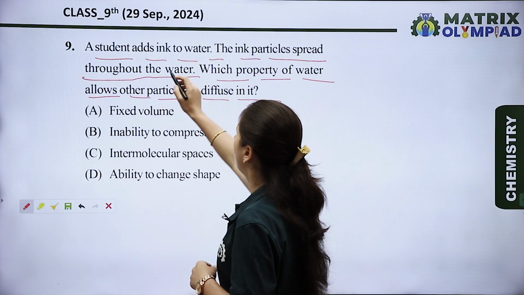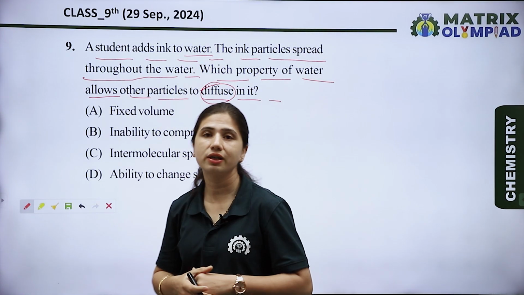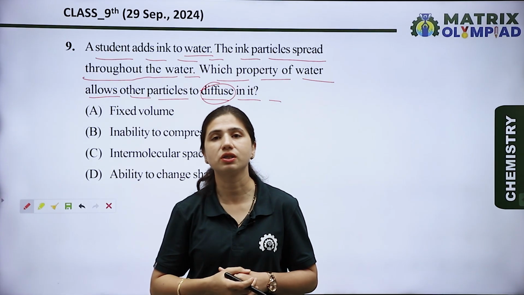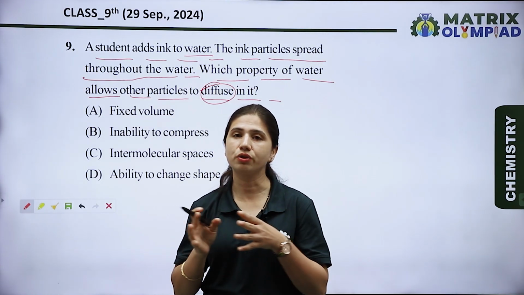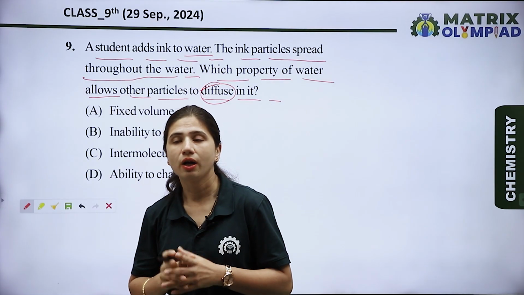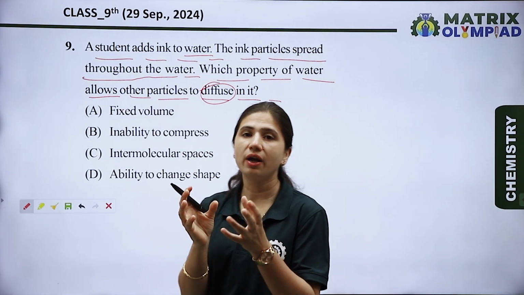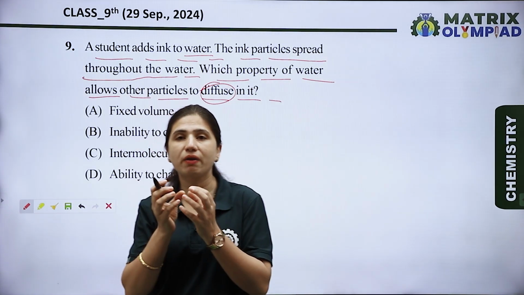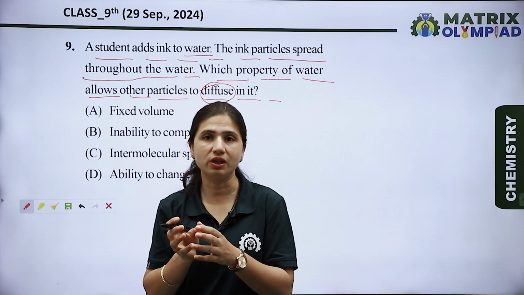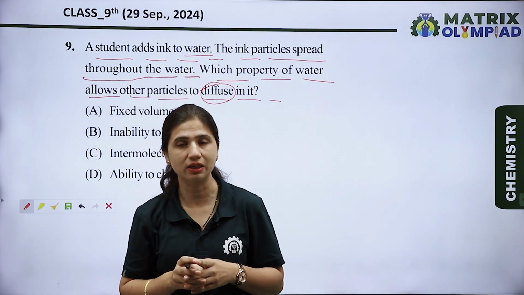Diffusion is a process in which particles move from higher concentration to lower concentration. Basically, water has intermolecular spaces between its particles, and by these intermolecular spaces the solute particles are easily dissolved in solvent particles like water.